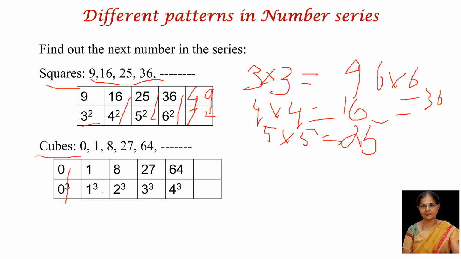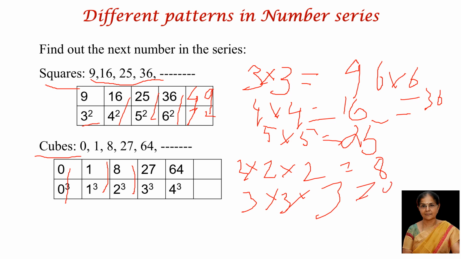And 1 into 1 into 1, you get 1. 2 into 2 into 2, you get 8. 2 into 2 are 4, 4 into 2, 8. And in the same way, 3 into 3 into 3, 3 into 3 are 9, 9 into 3, 27. And 4 into 4 into 4 is equal to 4 into 4 are 16, 16 into 4 are 64.